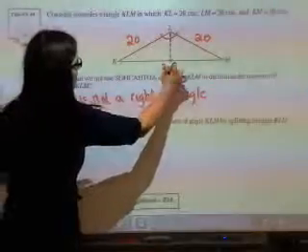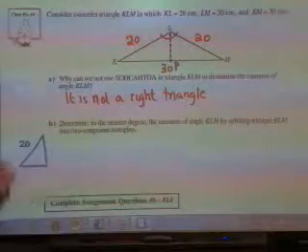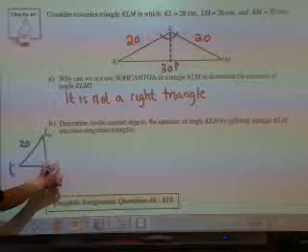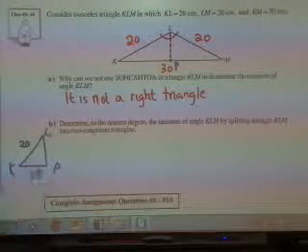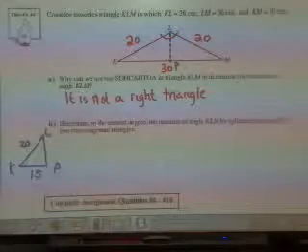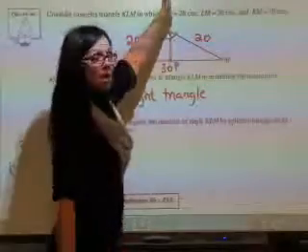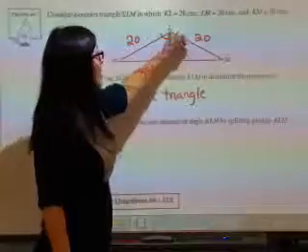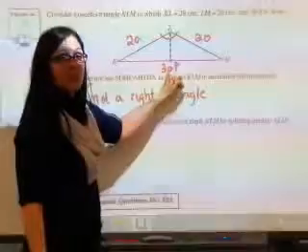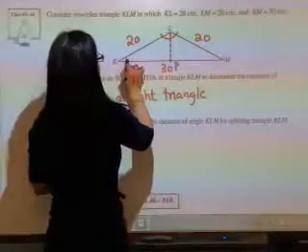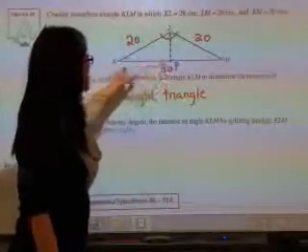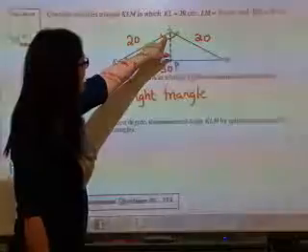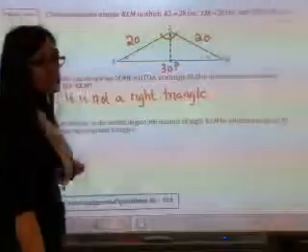Let's call this point P. So I have K, L, P. The distance from K to P is 15. I know it's 15 because if I drop a line in an isosceles triangle from this angle here, it's going to create a 90 degree. These two angles here are the same, so I get two identical triangles. If I find this angle, I can double it to get the full one.